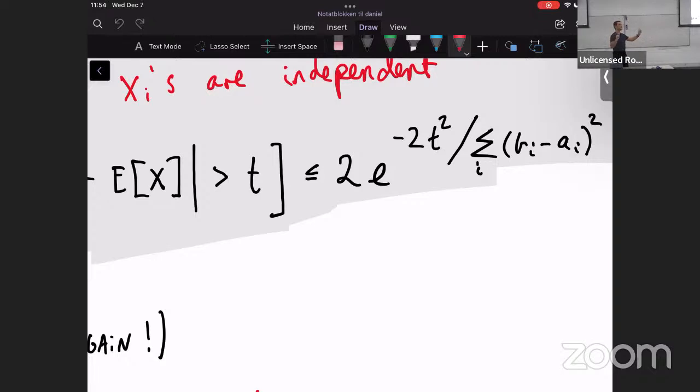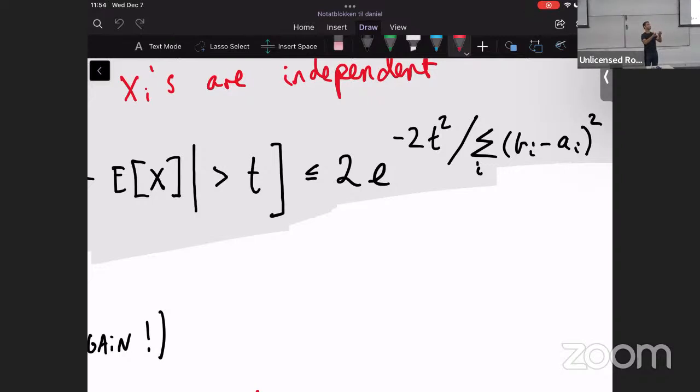So if each range for each xi is a constant, like if each xi is a 0, 1 variable, then the square of bi minus ai is just 1, and you're dividing by n. So in the exponent, you have the deviation squared divided by n.